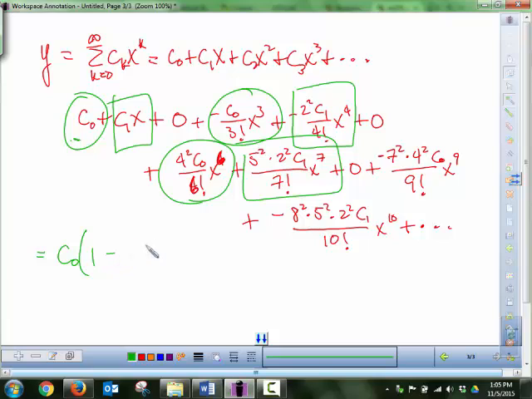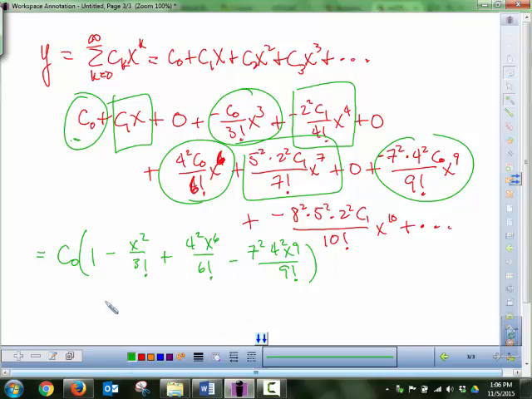We got x cubed over 3 factorial. And then the other c sub 0 is 4 squared x to the 6th over 6 factorial. And then we have another c sub 0 here, minus 7 squared times 4 squared x to the 9th over 9 factorial.